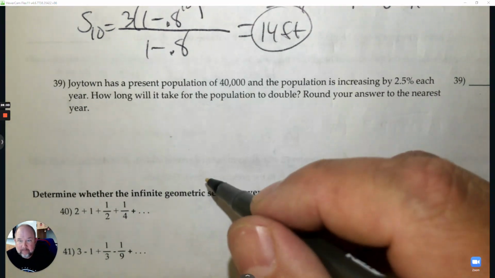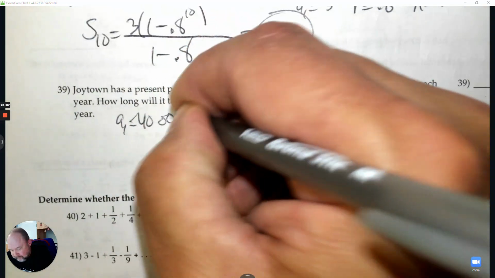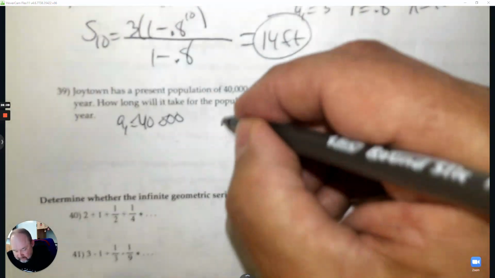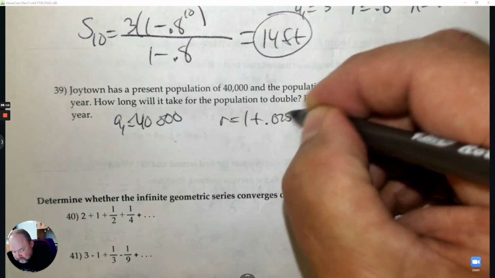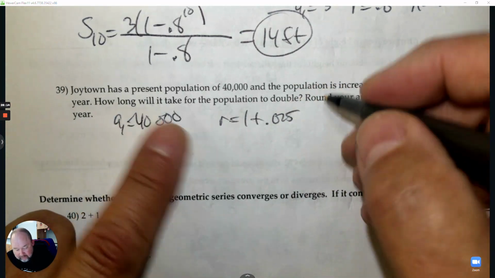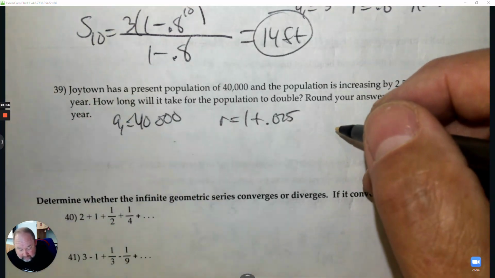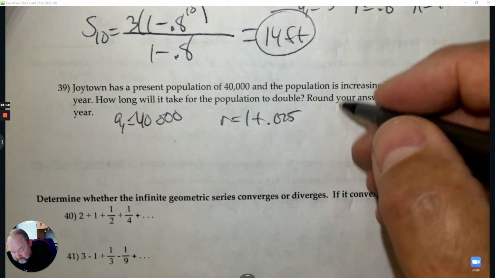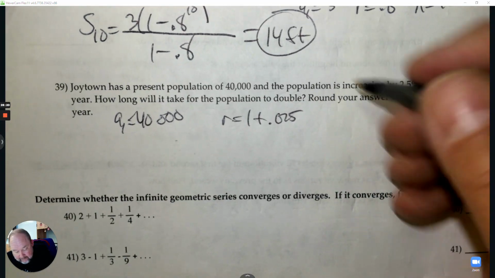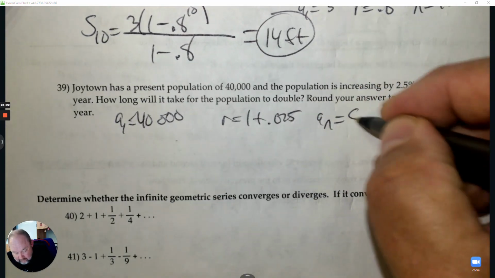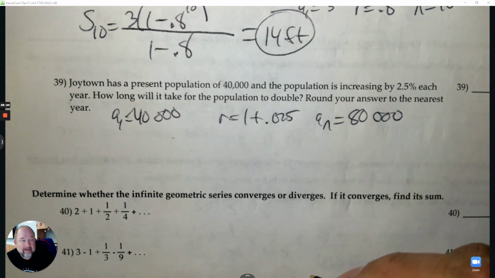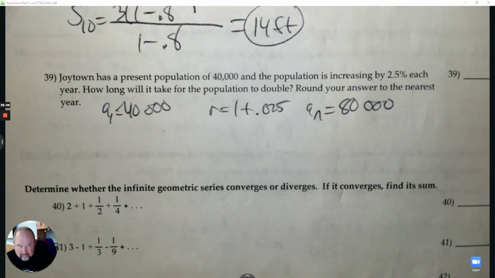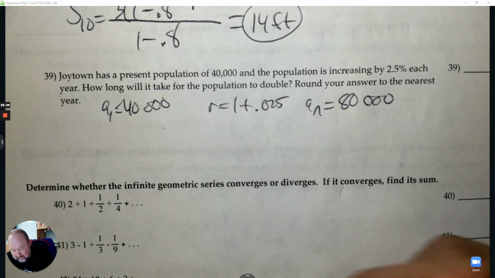Joytown sounds like a happy place. It has a present population of 40,000. It's A1. It's increasing, so we're going to go 1 plus 0.025. How long will it take for the population to double? So that means our end is 80,000. We're not adding every year, just each one is what the population is.